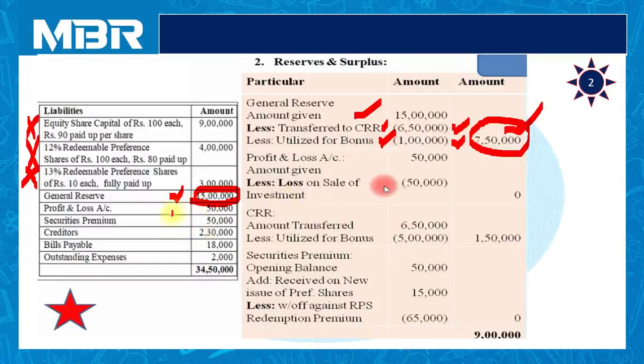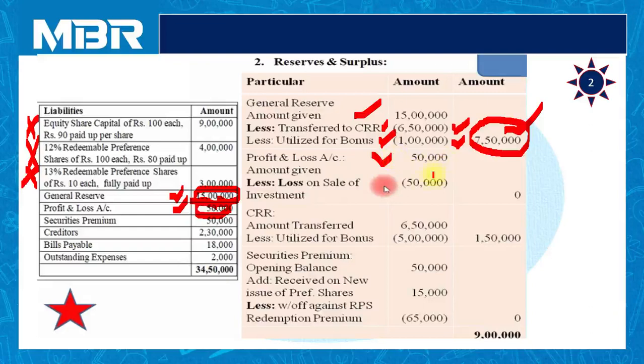Now come to the second item given in the balance sheet. The second item given to us in our balance sheet is the profit and loss account for rupees 50,000. Now simply recall the first transaction. First transaction means sale of investment.